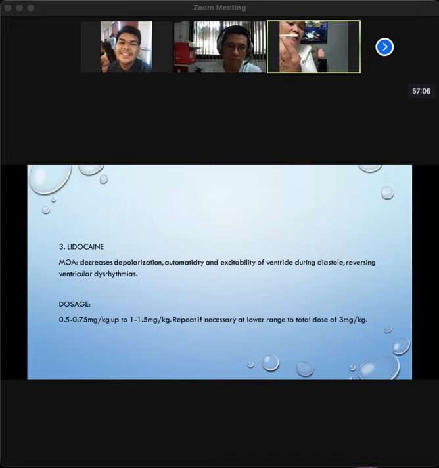That's why your atropine is anti-muscarinic. So, ininhibit mo yung muscarinic receptor. Ininhibit mo yung parasympathetic. That's why your sympathetic predominates.